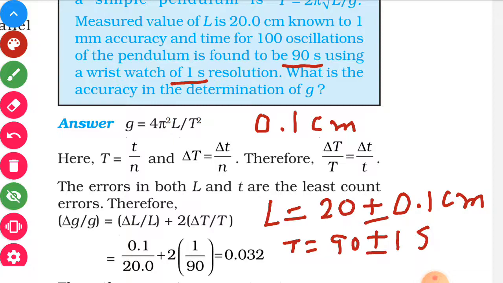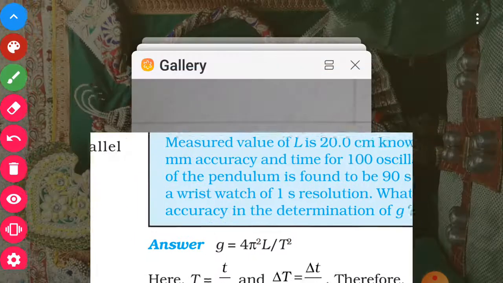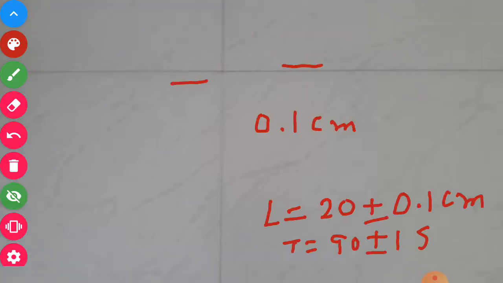First of all, we have to make g the subject of the formula. So squaring the given equation, it becomes T square is equal to 4 pi square into L upon g.